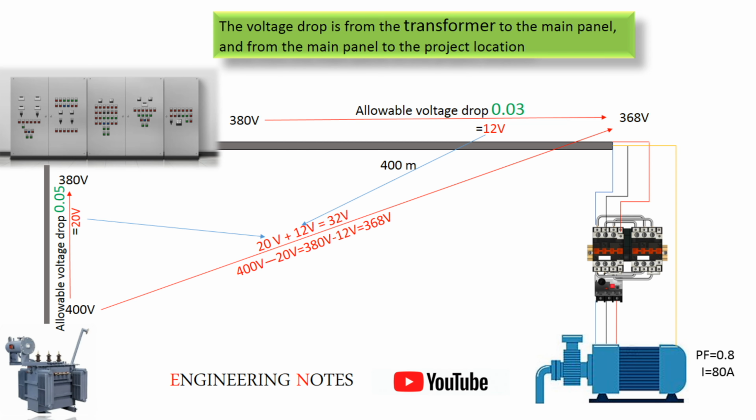For non-lighting loads, the allowable voltage drop from the main panel is 5%. However, since in most cases we do not clearly know what type of loads we are dealing with, it is safer and more conservative to assume a 3% voltage drop from the main panel to the load.